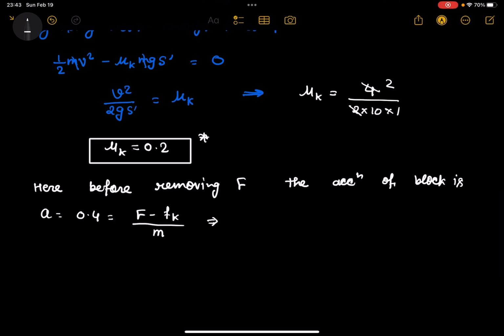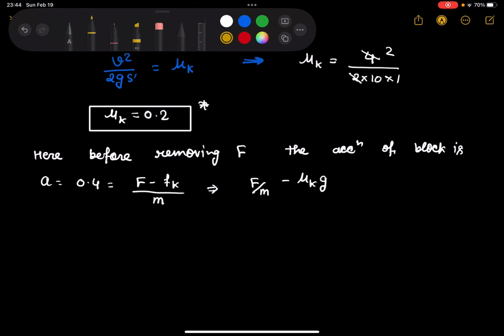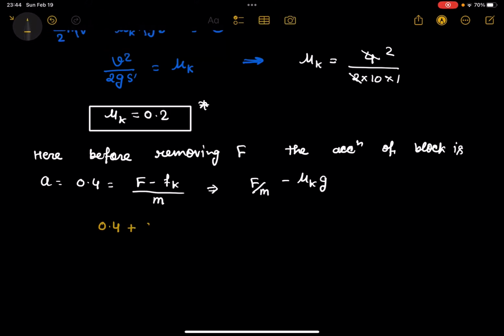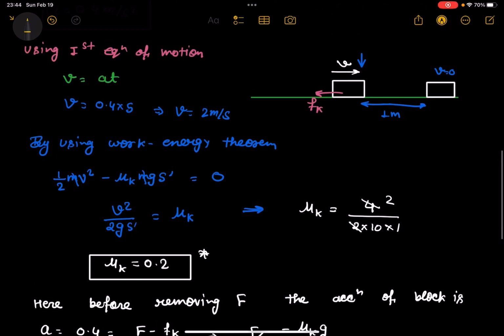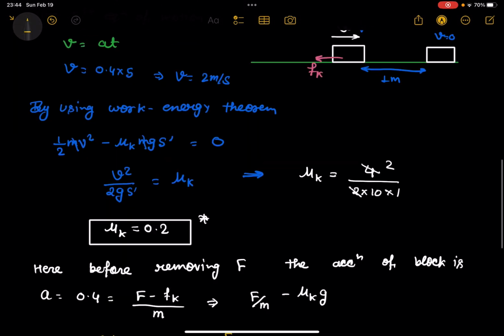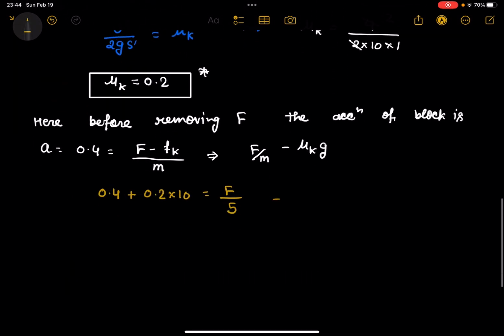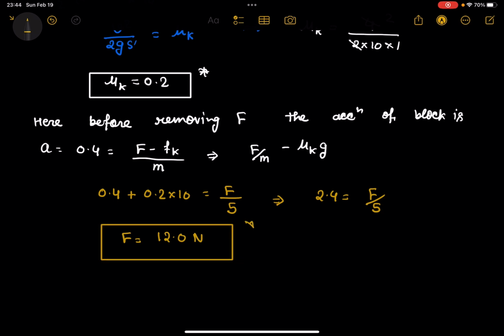My dear friends, I can write F by m minus mu k g. So 0.4 plus 0.2 into 10 is equal to F by the mass, and the mass is 5 kg. So 0.4 plus 2, that is 2.4, is equal to F by 5. So F is equal to 12.0 Newton. So the force on the block is 12.0 Newton.